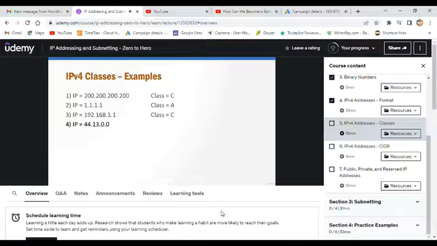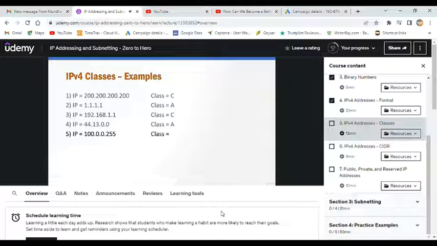Fourth example, 44.13.0.0. So this is also class A because the first octet is between 1 and 126. Fifth example, 100.0.0.255.